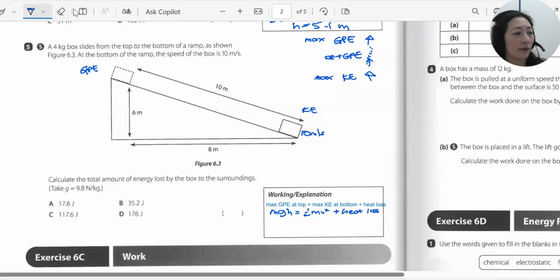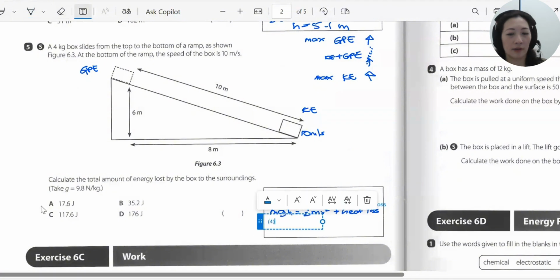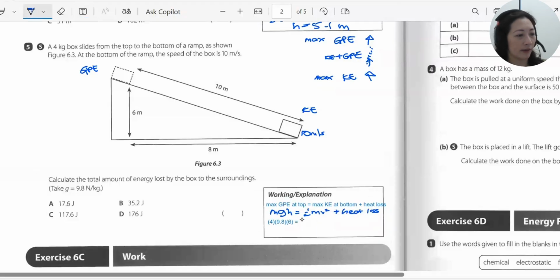Okay, so now we'll do a substitution. They've given us the mass. Mass of the box is 4. G, of course, is 9.8. The height is 6 meters, not 10, because we're going by vertical height. Half mv squared. Let me write this out because this tool doesn't allow for squares.